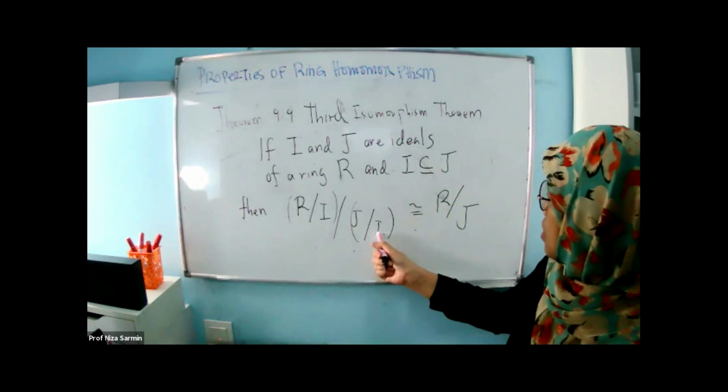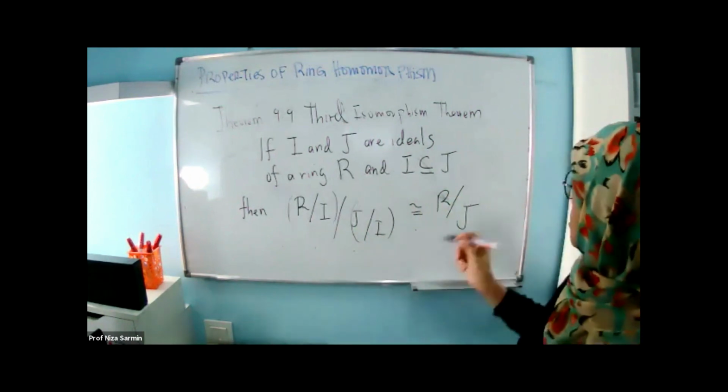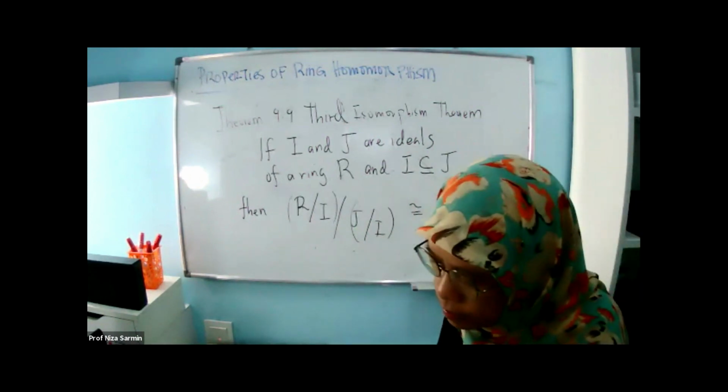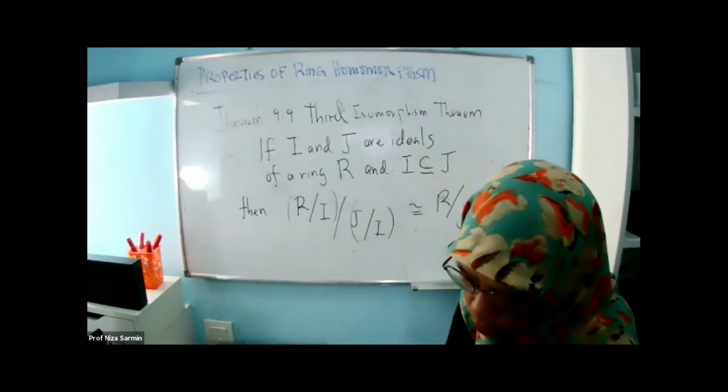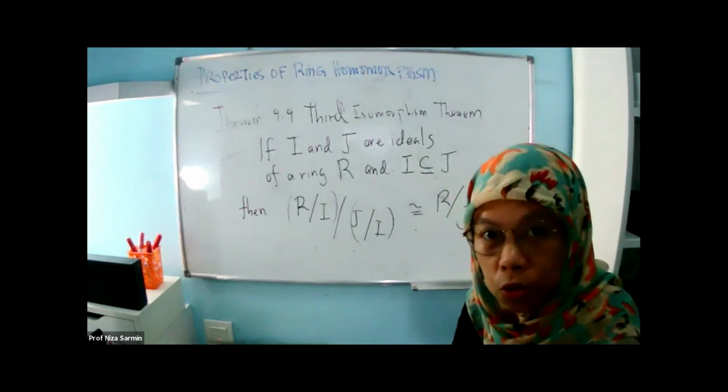This is the smallest one, I. So this one you have like a coset in the coset.